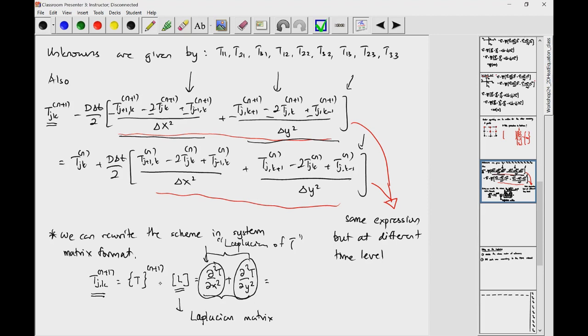So we call this the Laplacian matrix, and the Laplacian matrix will contain all the coefficients in front of our central difference scheme.